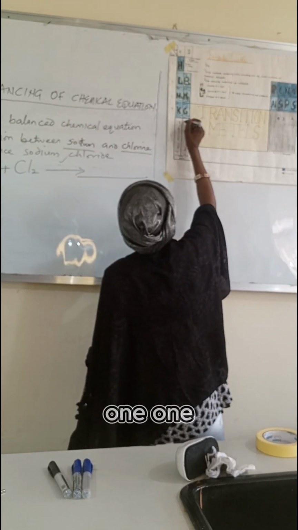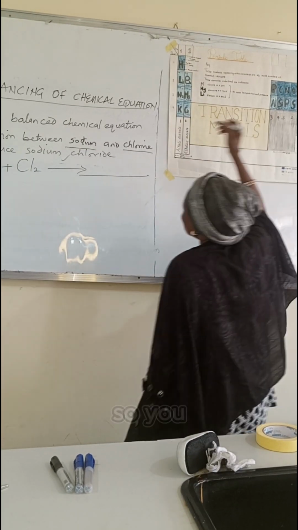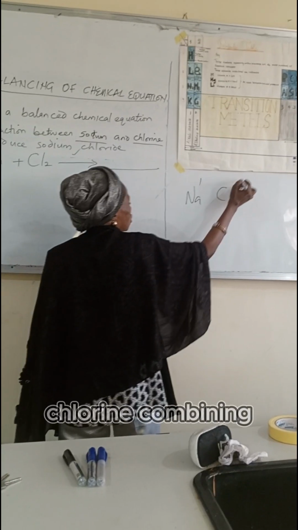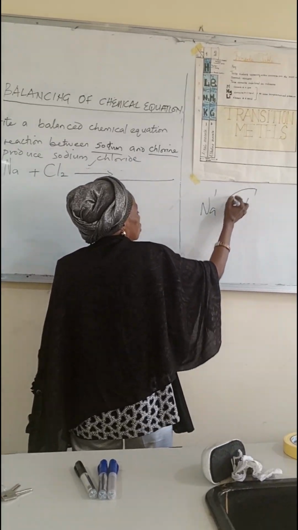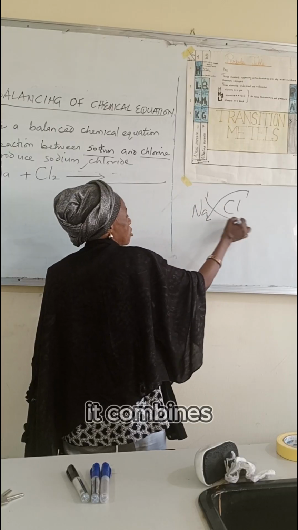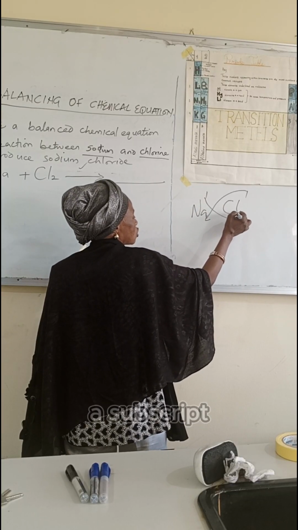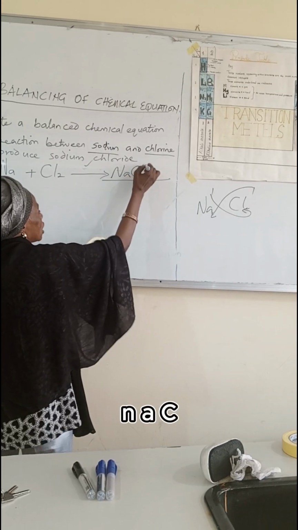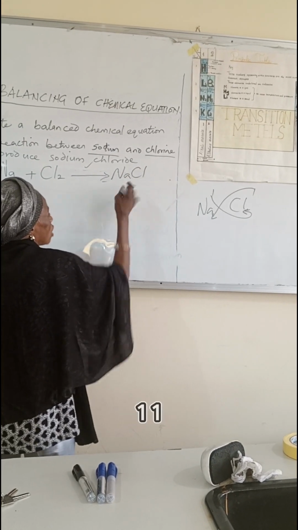And this one, 1, 3. So you have your sodium combining power of 1, chlorine combining power of 1. It combines with this one as a subscript. You see, it will now be NaCl. So it's 1, 1. You don't need to put it.